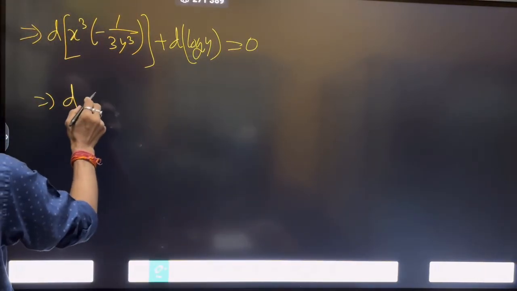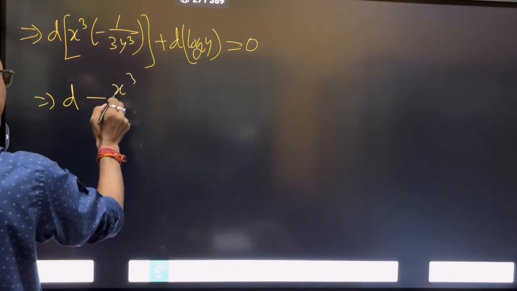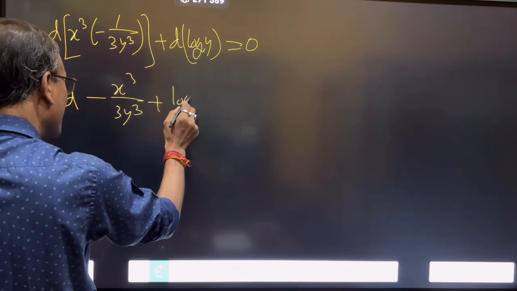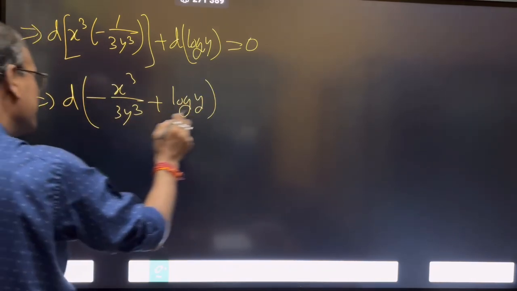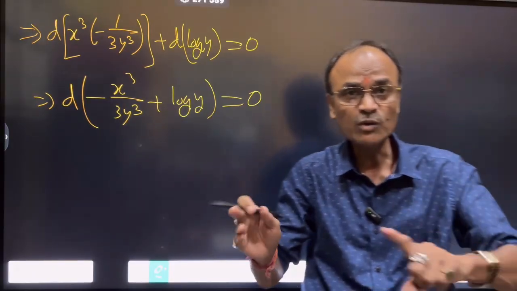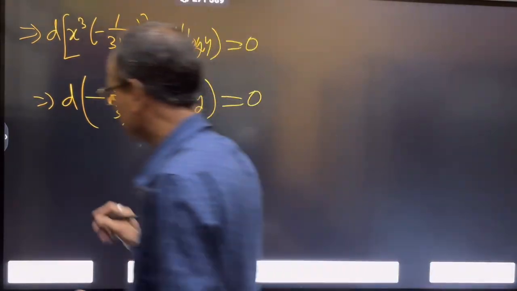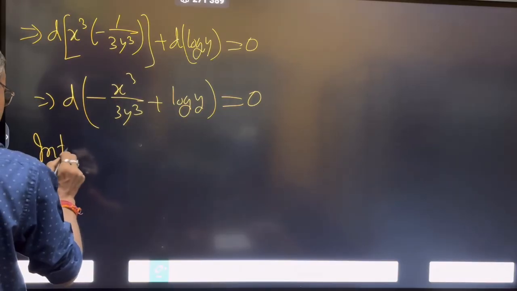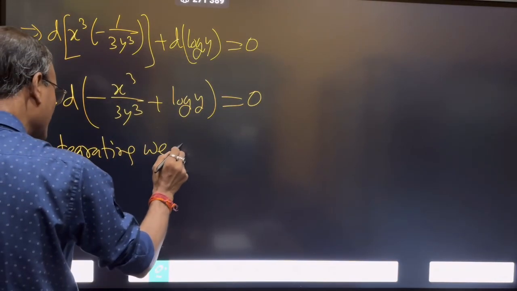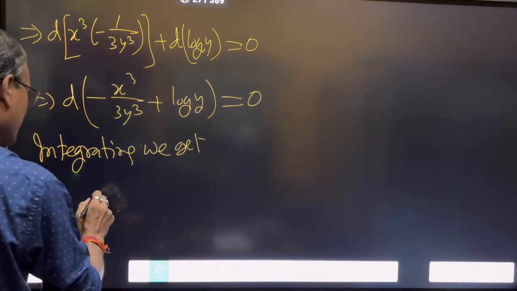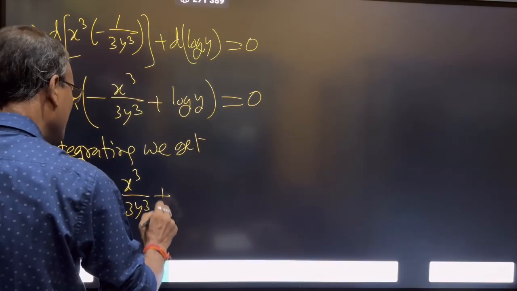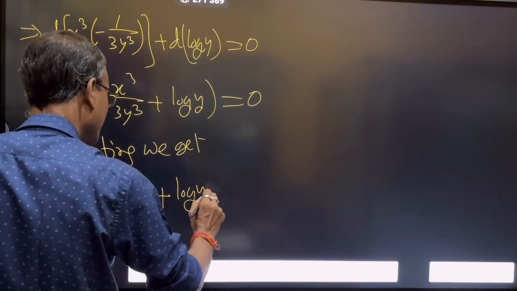Or you may write d of minus x cube by thrice y cube plus log y. This is equal to 0. It has been expressed in the form d of u equal to 0. Integrating we get minus x cube divided by thrice y cube plus log y equal to c.